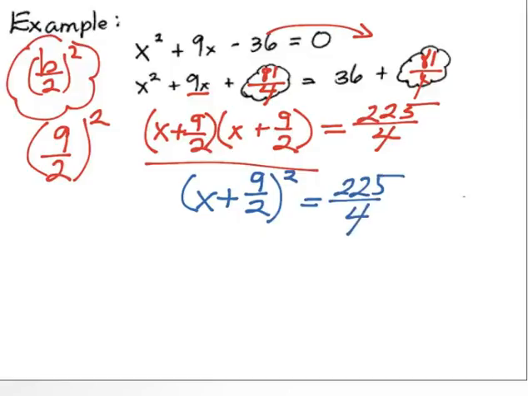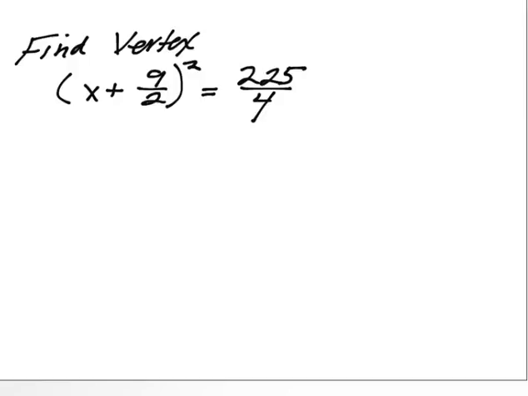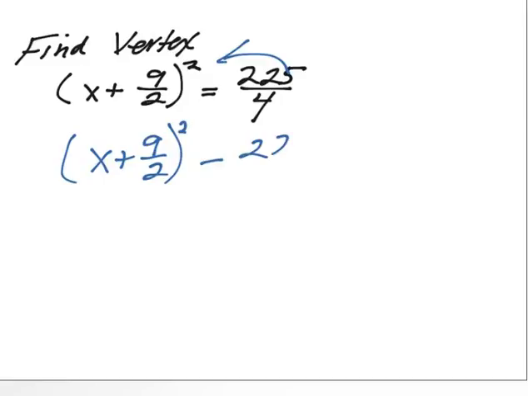And then we have to decide, what do we want to do? Do we want to find the vertex, or do we want to solve? And of course today we're going to do both of them. So this is what we have. If it says find the vertex, that's easy. I'm just going to move this back over. So that's x plus 9 over 2 squared minus 225 over 4.